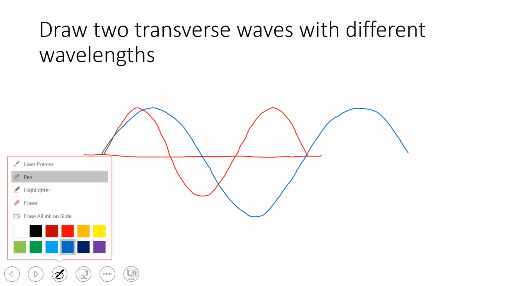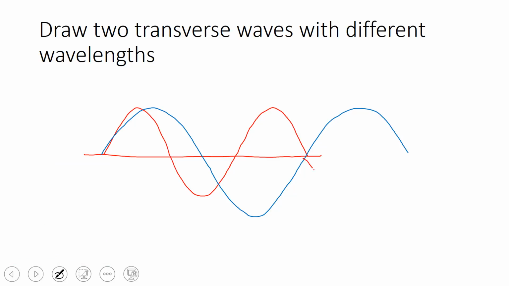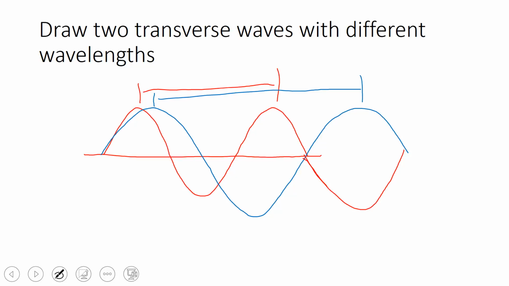Let's get our red pen back so we can finish off this. Here's the wavelength for our red wave, and here is the wavelength for our blue wave. So we've got two transverse waves that have different wavelengths.